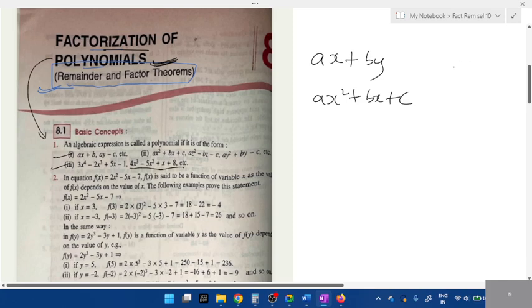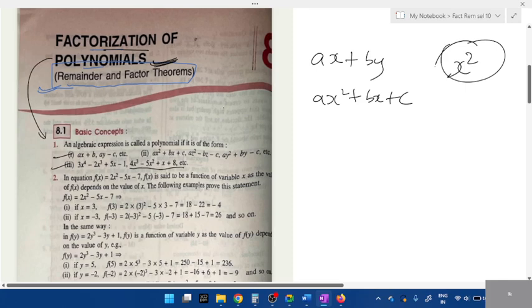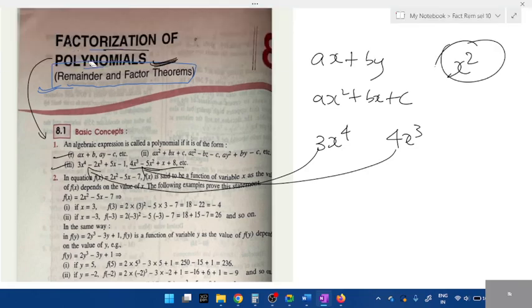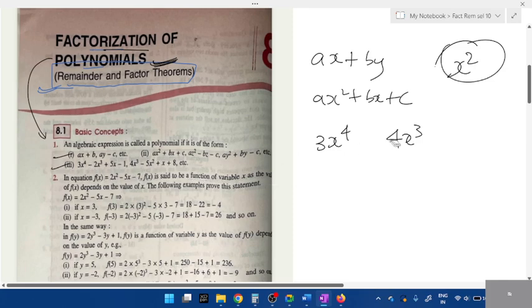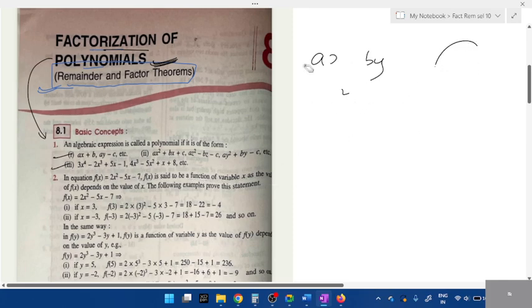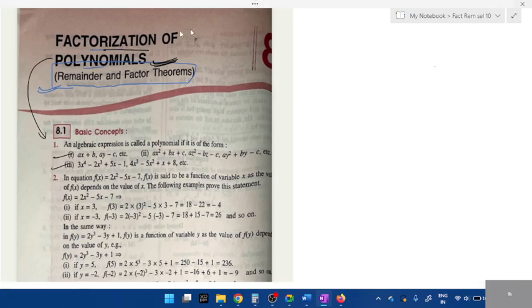The degree is always 2. But when it comes to polynomials, there is no maximum value. It can even be 4x cube. So a polynomial is basically an equation which has alphabet and numbers. For the board exam, the definition is not important. Just remember what a polynomial is.